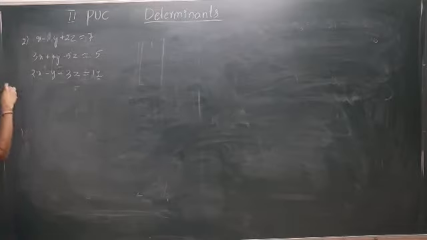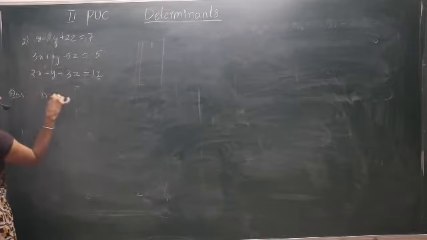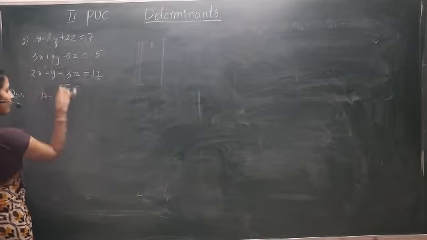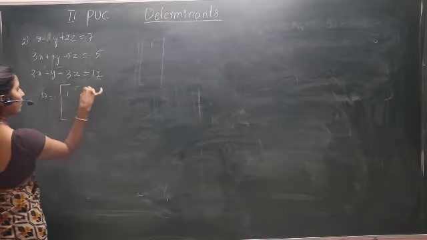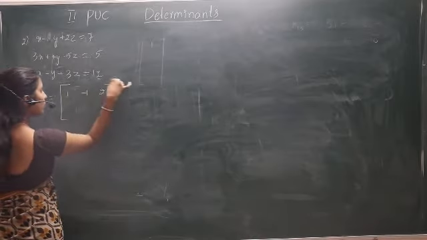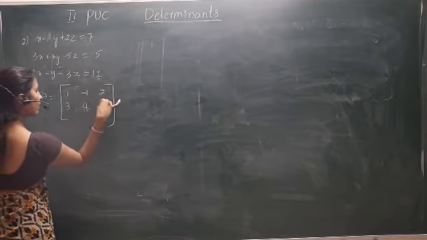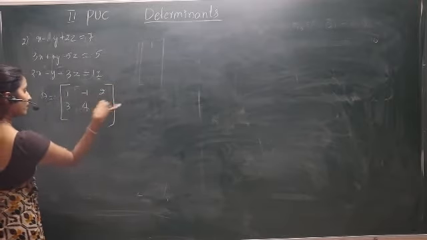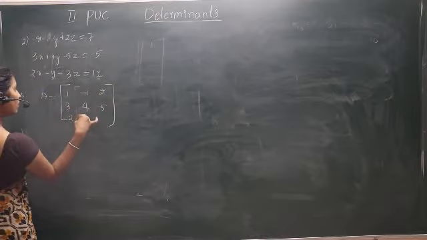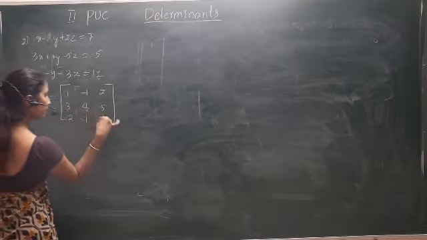First we have to consider A is equal to 1, minus 1, 2, 3, 4, minus 5, 2, minus 1, 3.